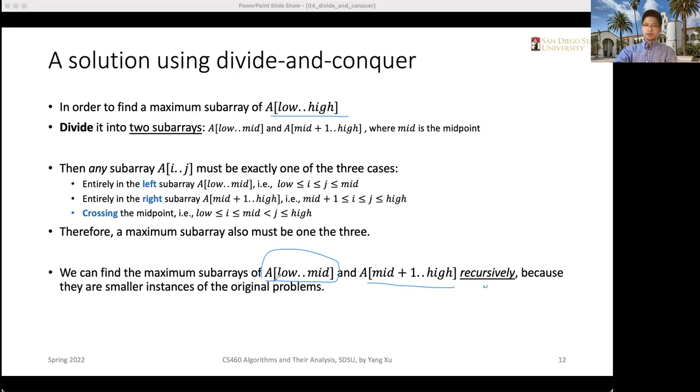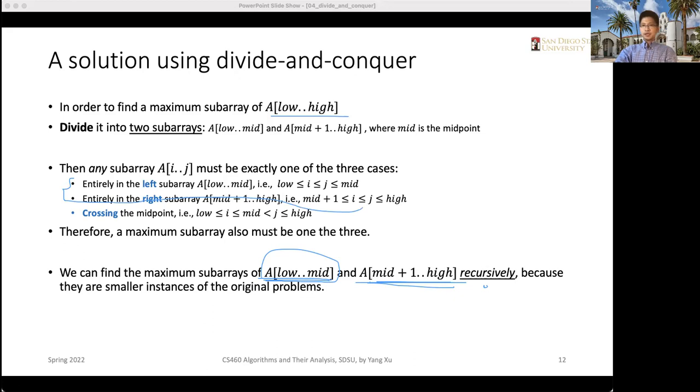They are the sub-problems. So we can directly call our algorithm recursively on the left half and the right half, which covers the first two cases.